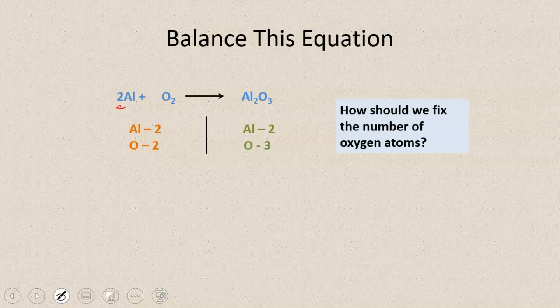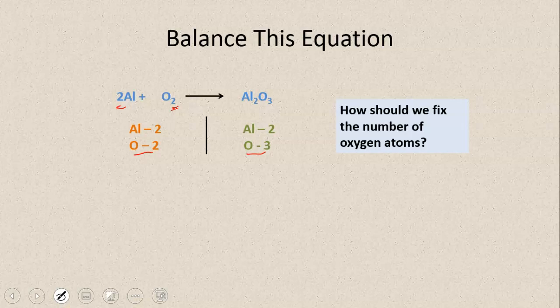So we've got 2 oxygen over here, we've got 3 over here, so we know we're going to need a minimum of 3. But now the question becomes, okay, we can add a coefficient out in front of oxygen, but is there anything that when we multiply it by 2 that will equal 3? 2 times something, does it equal 3?